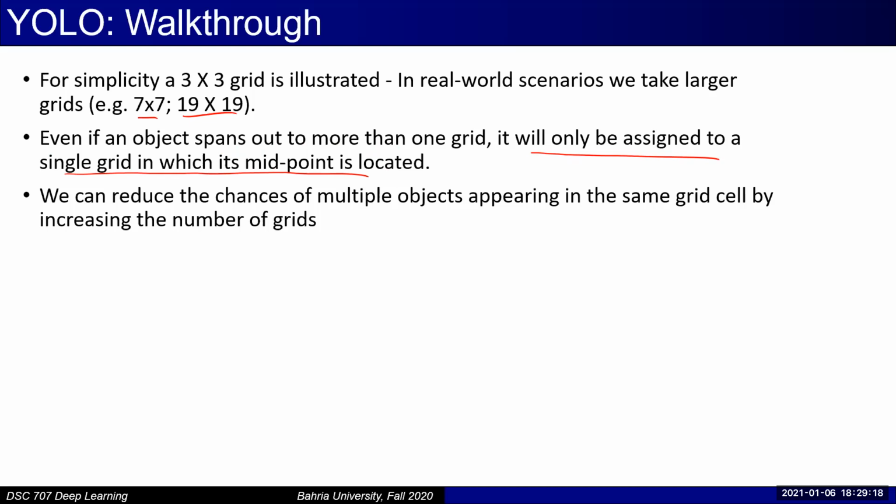And of course, you can reduce the chances of multiple objects in the same cell by increasing the size of the grid or number of the grid cells, right? Because you see, if the grid size is too big, then you can have 2 objects within the same cell, right? This will cause a problem. So that's why this has to be chosen smartly, so that you do not have multiple objects within the same cell.